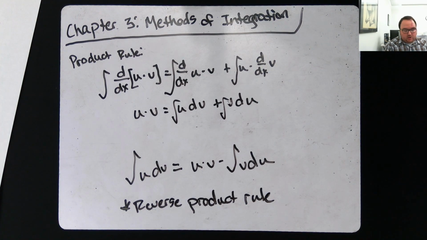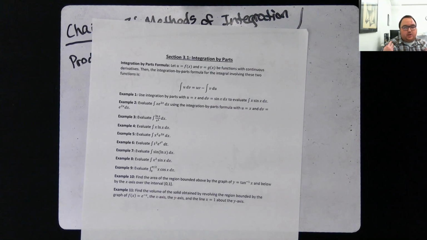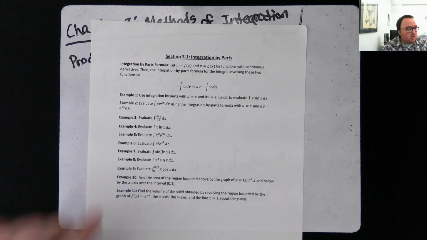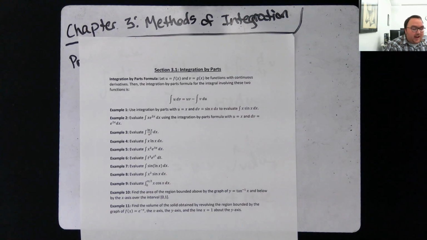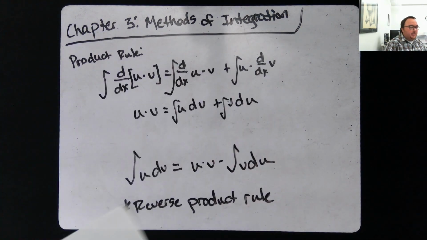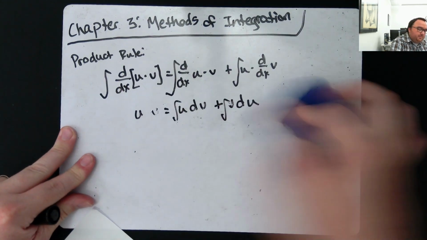So let's look at an example. The first example is going to give us what I want to use. Use integration by parts with the u being equal to x and the dv being equal to sine of x dx to evaluate the integral of x sine of x dx.